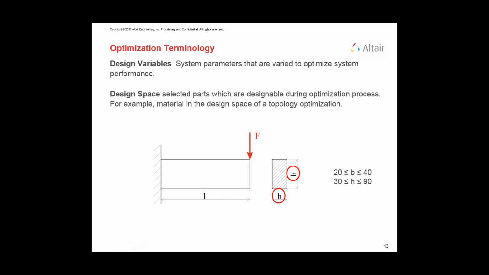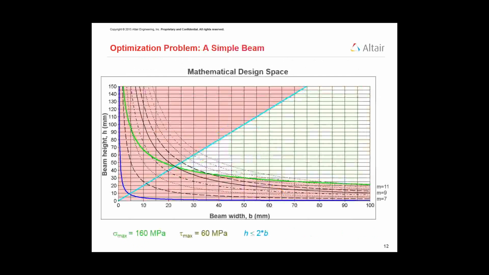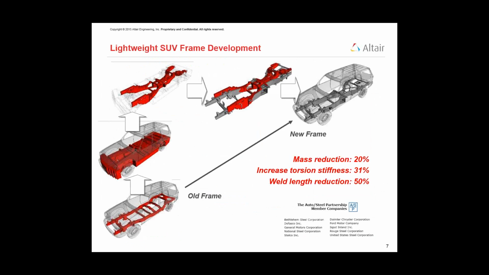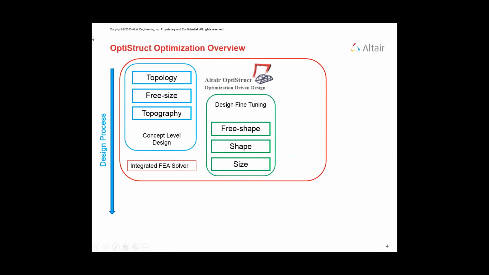Okay, so if I'm understanding the question right, the different types of optimization techniques that we go through, I can bring that back to here. So all of these different topology, free size, topography, free shape, shape, and size, they all strive to meet the same goal, to optimize our part and determine the best part for us. What differentiates each one of these is what we can change.